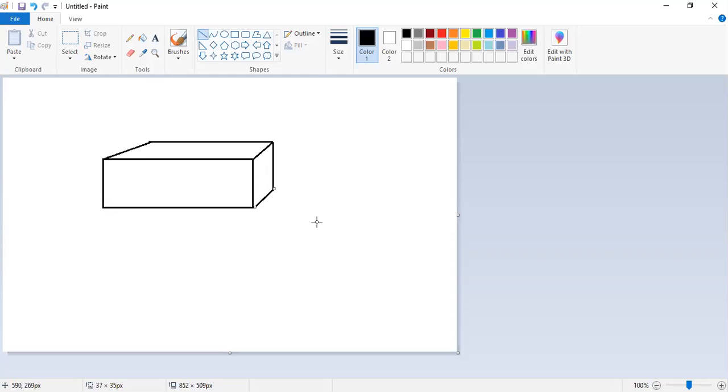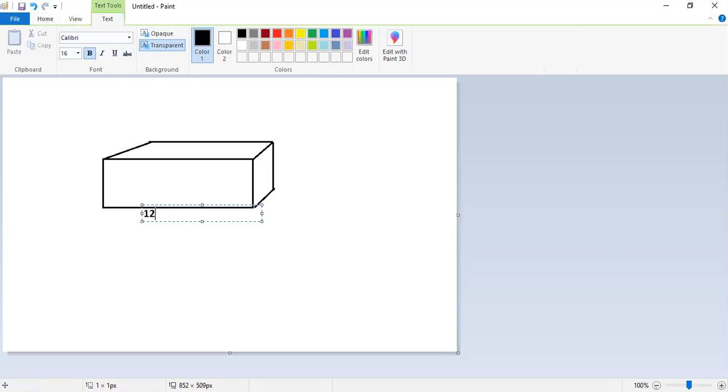Because they said it's a rectangular prism, and they also said that it is 12 centimeters long. So let's write down the measurements. It's going to be 12 centimeters long and 9 centimeters wide. So wide means the width here. That's going to be 9. If you want, you are most welcome to draw it with me. Okay, 9 and then 5 centimeters high.